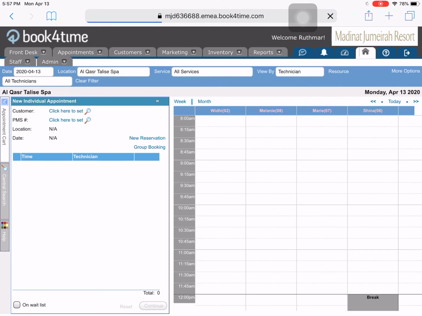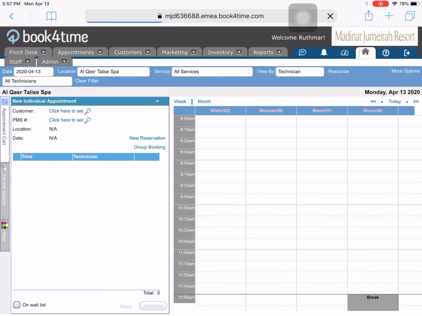So basically this service recovery is when the spa is giving a service recovery to the guests. So we will use that service recovery discount reason, and then again, that should be posted as management comp.